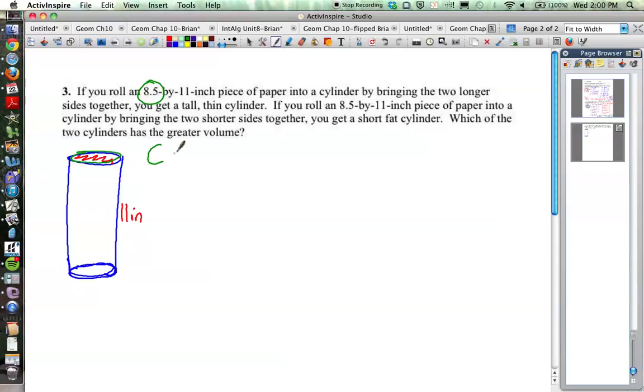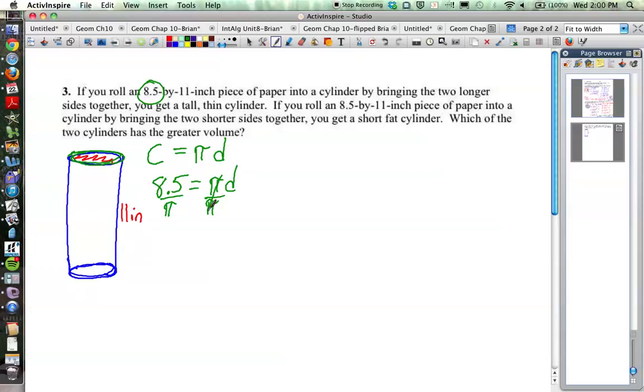So circumference, we know, is equal to pi times diameter. All right, in this case, we have the circumference of the base is 8.5. So 8.5 is equal to pi times diameter. And now let's solve for the diameter by dividing both sides by pi.